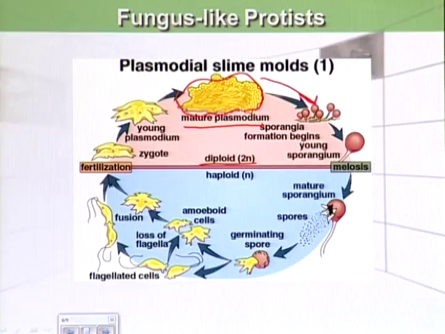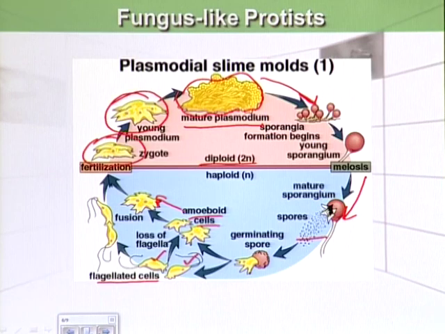And then after a certain time it undergoes meiosis and forms spores, and spores may be amoeboid cells or they may be flagellated cells, and then these cells fuse, and after the process of fertilization they form a zygote, and then subsequently form a young plasmodium, and finally the mature plasmodium is formed, which is the feeding stage, and in this way the cycle continues.